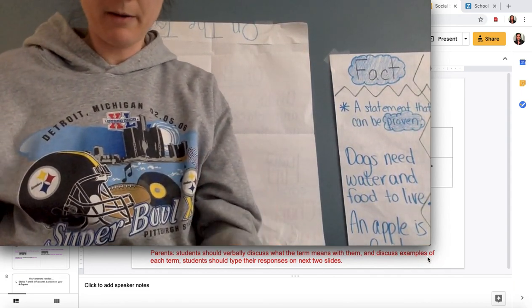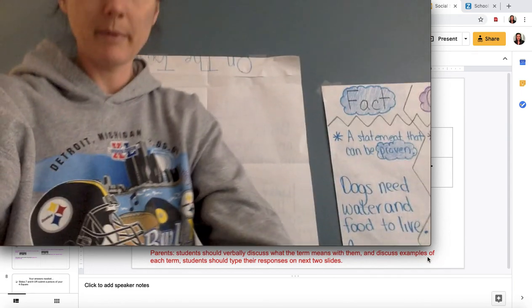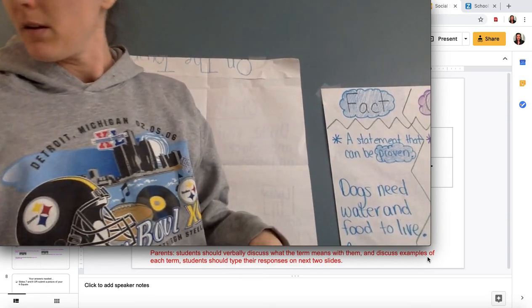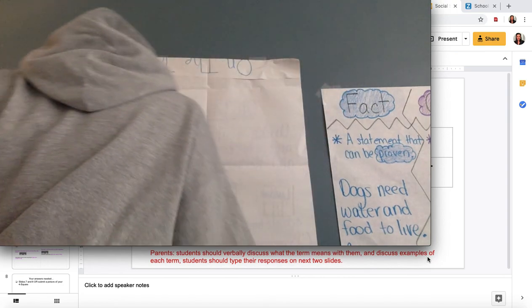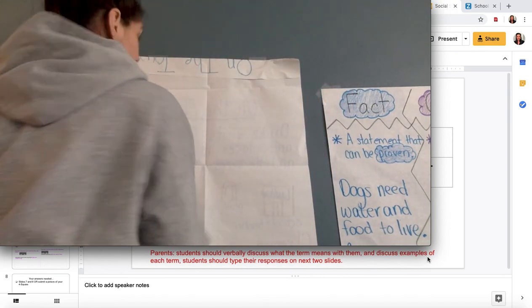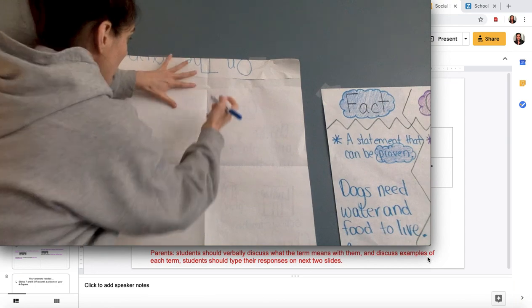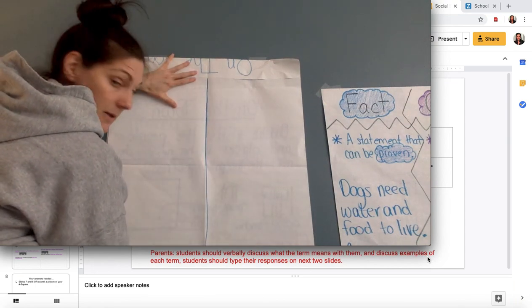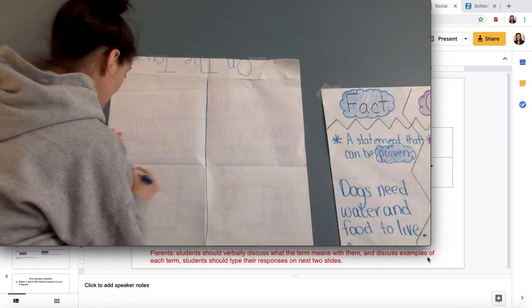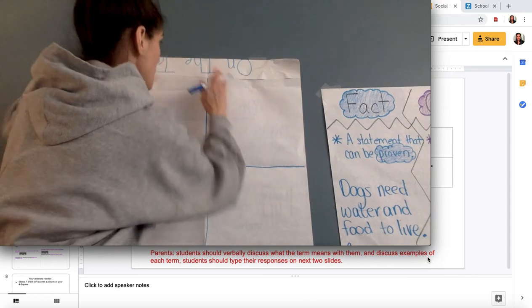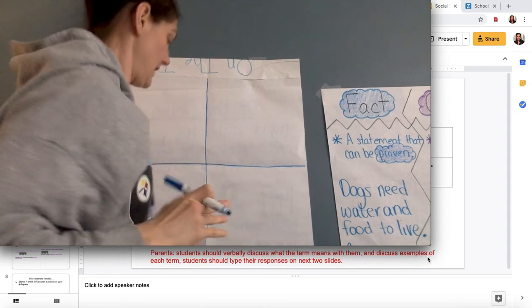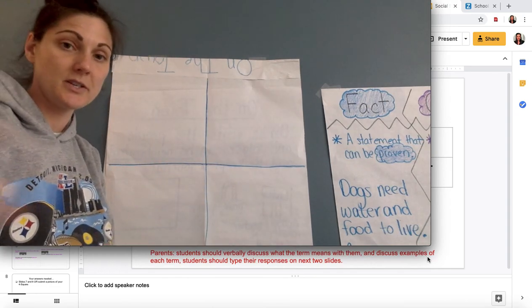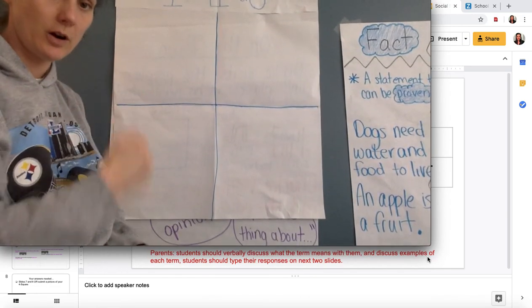You fold your paper, and then you're going to draw your creases. All right, so we have one going down the middle, see that? And then we have one going across the page. So you have 4 squares. Take a minute to pause the video if you need to get yourself set up so that your paper looks like mine.